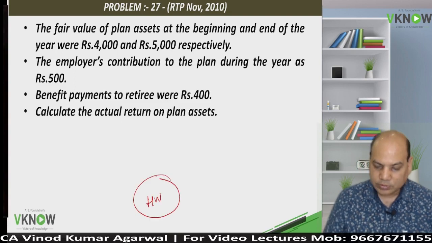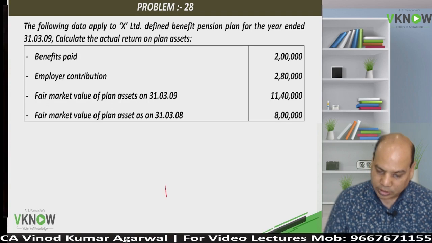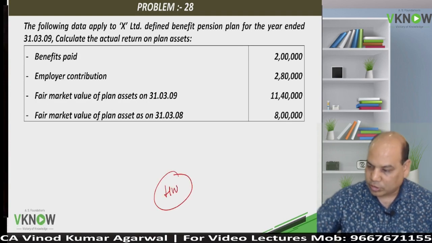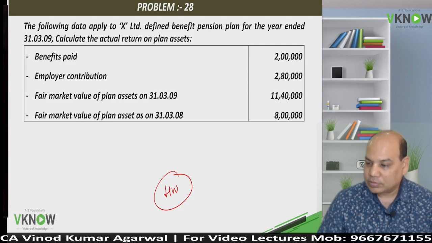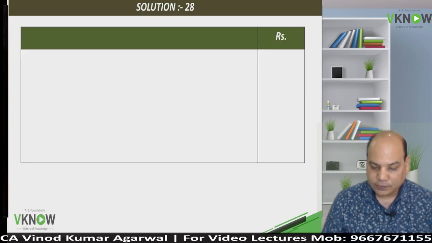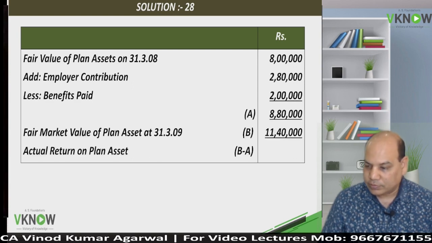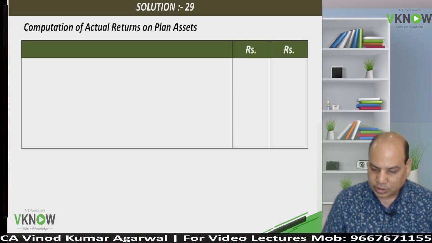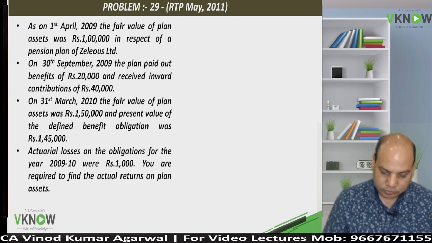Come to question number 27. Write down homework. Same problem I have done. Question number 28, write down homework. Same problem we have done. Just more practice from different sources. Question number 29 is also homework.